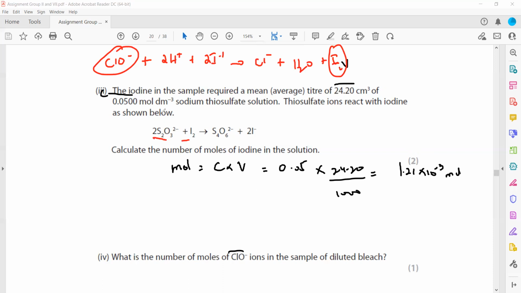So first we get the moles of iodine, and whatever moles of iodine we get, we get the same number of moles of ClO⁻, because the ratio between them is 1:1. So that many moles of ClO⁻ ions will be there in the diluted bleach, the bleach which we used in the titration.